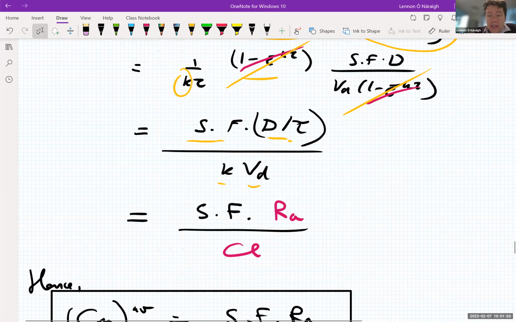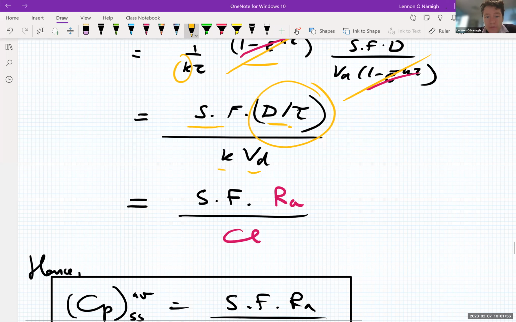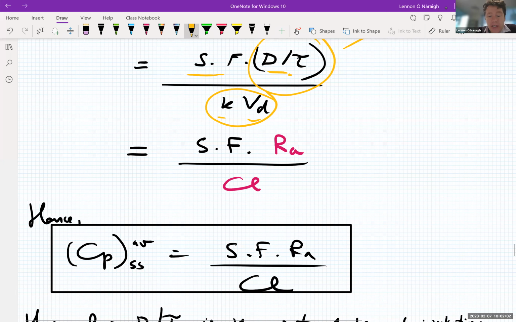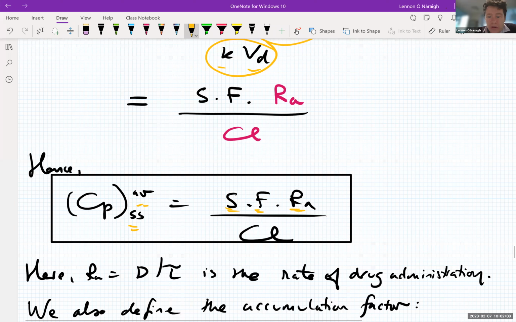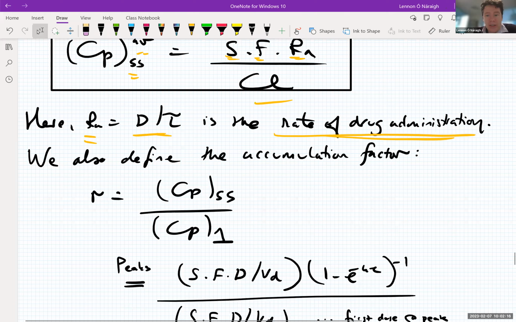And I identify D over tau as a dosing rate. So this is milligrams per hour. kVD is the clearance. So the average concentration in the steady state is S times F times the dosing rate over the clearance. Yep, and I think it is called the rate of drug administration, RA, more to use the proper terminology.